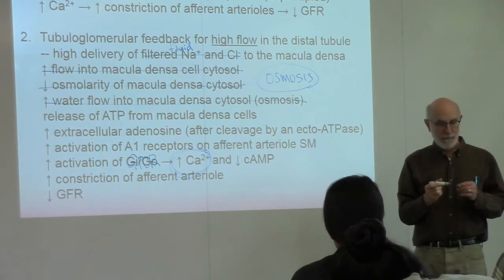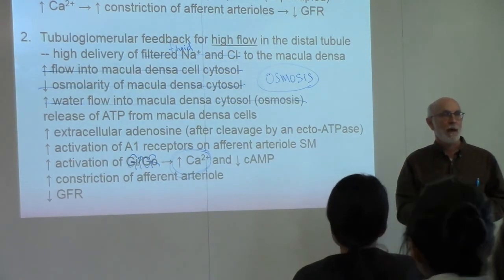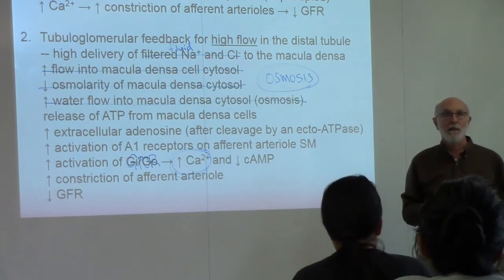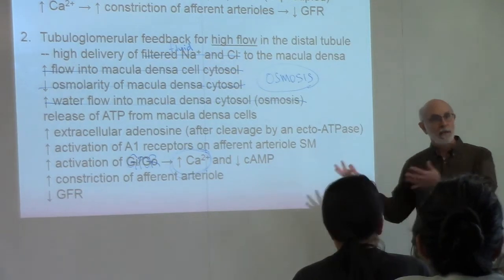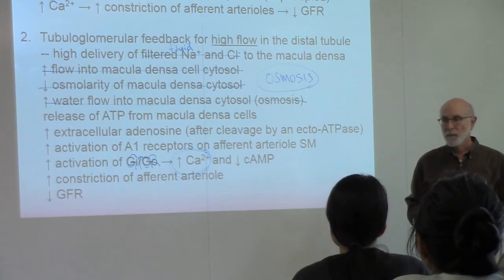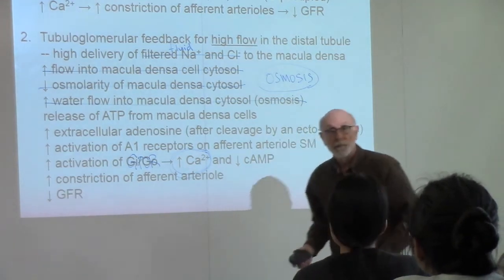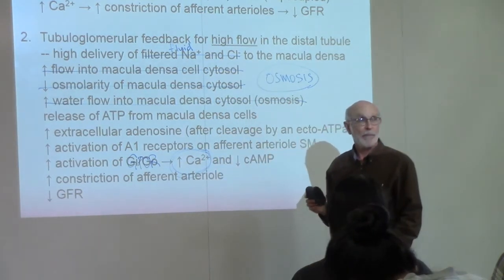There's the story. Those are the important details. I know it seems like excessive detail, but tubular feedback is important, and this is the molecular mechanism. Other questions? Before I start erasing.